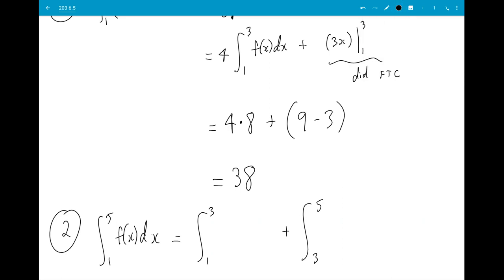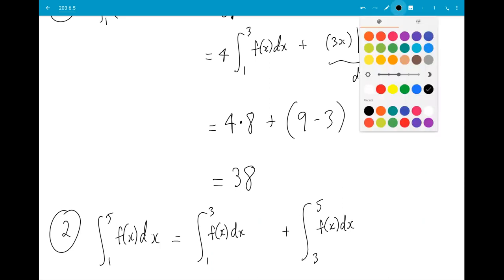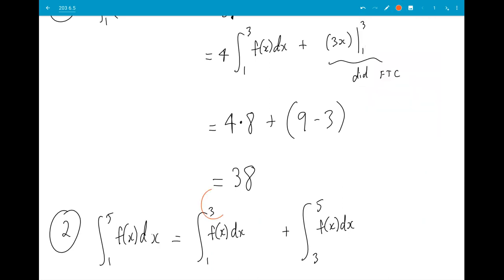Let me just finish writing this out, f of x dx. As long as I have the same number here and here, then this equal sign is true.